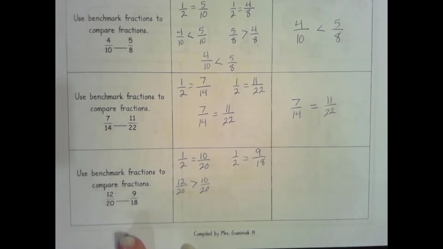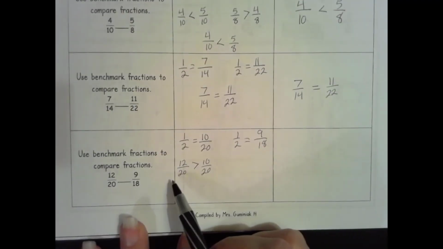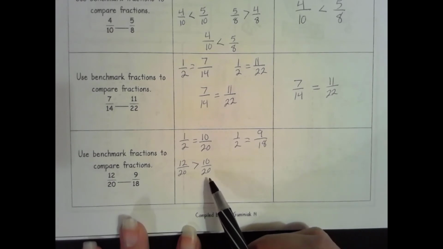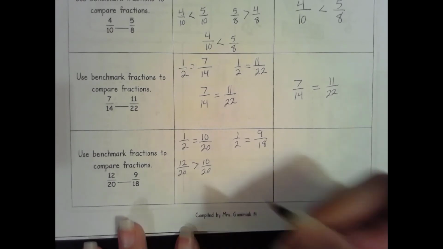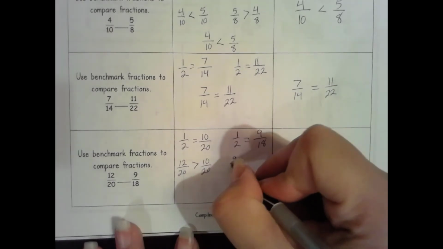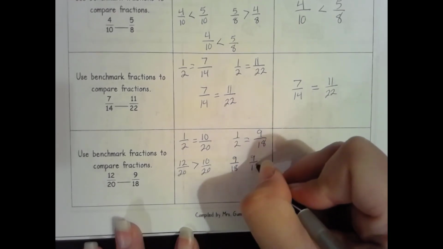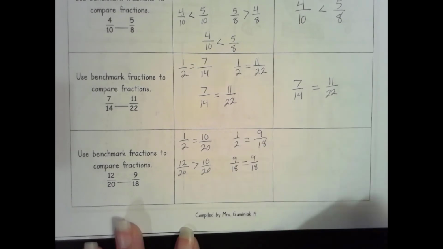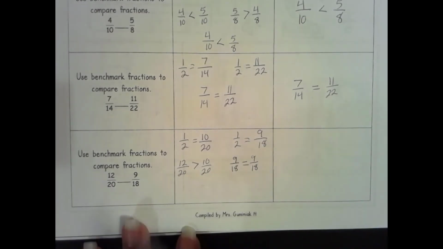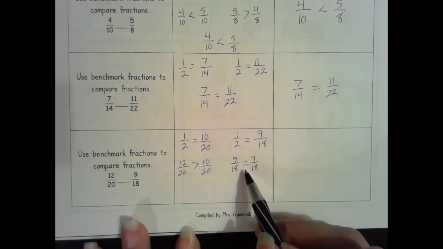That means it's greater. So 12/20 is greater than half. It's larger than half. 9/18 compared to 9/18 is equal. This is greater than a half. This is exactly a half.